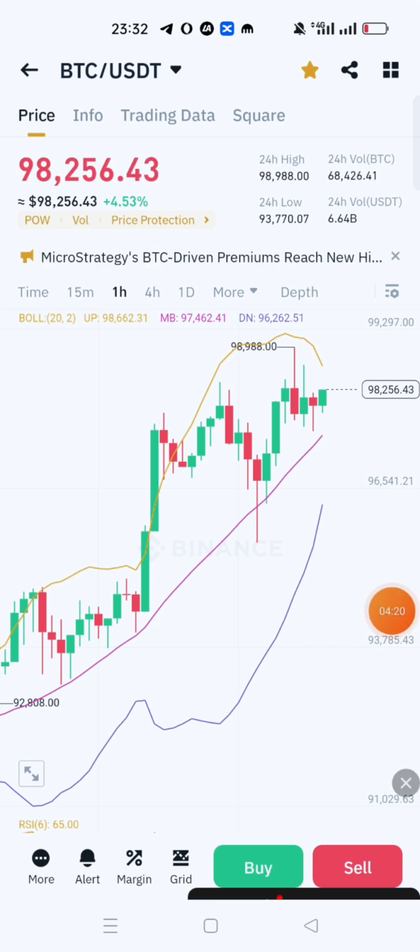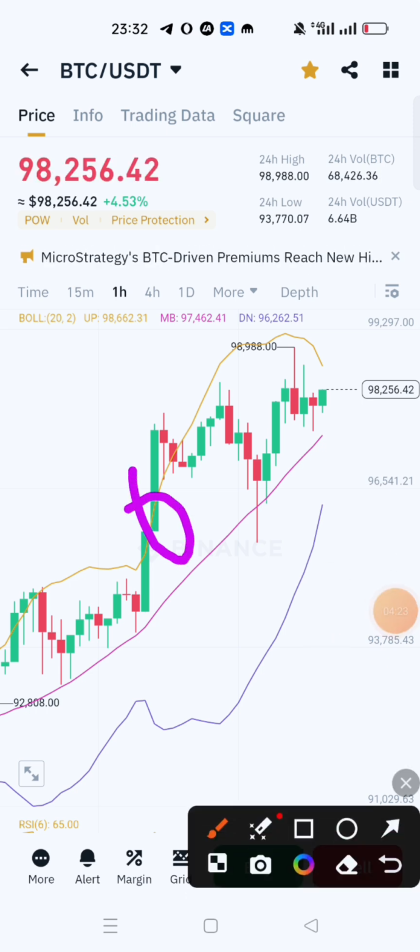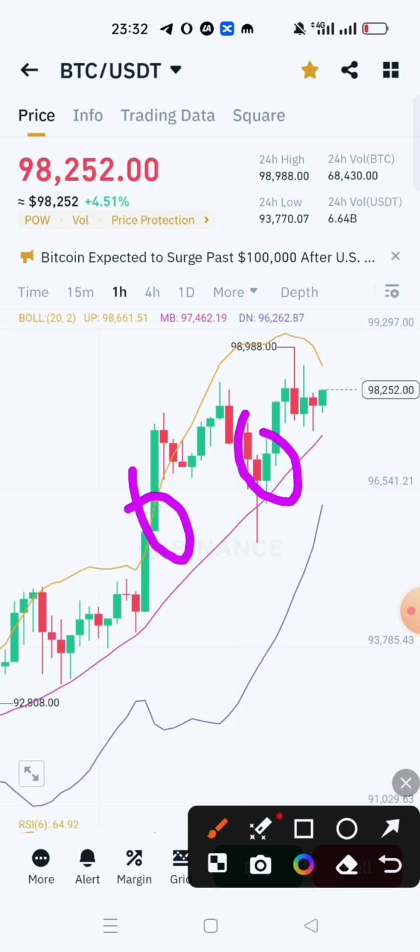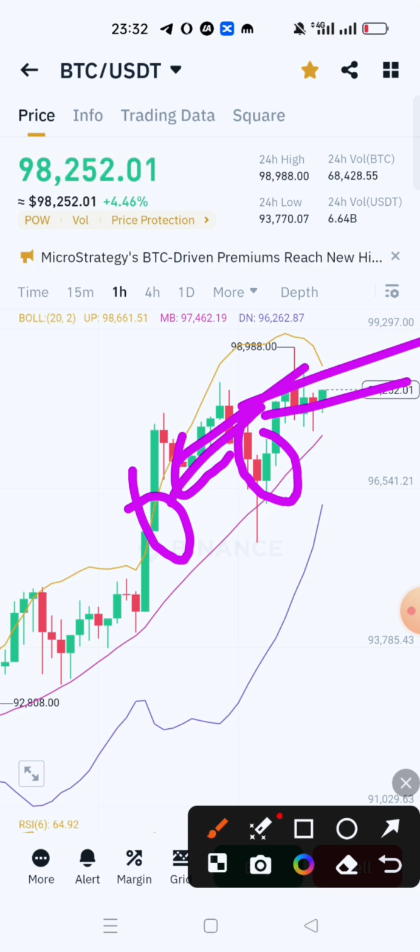Now, how to understand this candle? Like I said, the green candle represents increase, while the red candle represents decrease. These candles indicate signals for trade execution. If you have been trading, whenever you see a very long green candle, maybe green candles all over here, you quickly know that it's an uptrend signal.